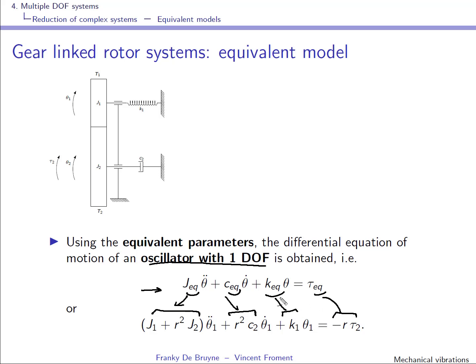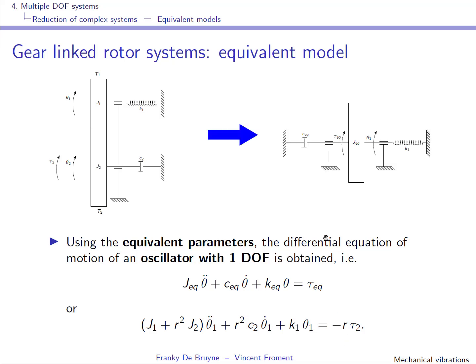In terms of stiffness, since it was already around the first axis of rotation, the equivalent stiffness is of course K1. This means that this complex system can be rewritten as an equivalent system with equivalent moment of inertia, damping coefficient.